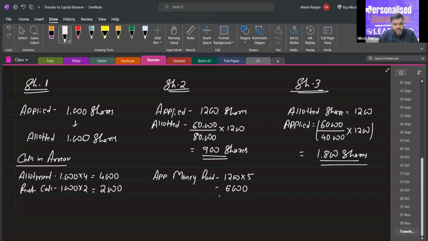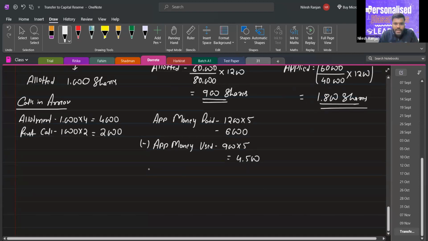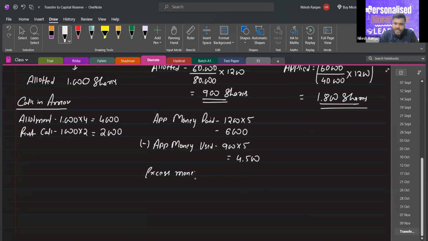This is clear. Minus application money we can use for this category is 900 into 5, that is 4,500. So excess application money is 1,500.